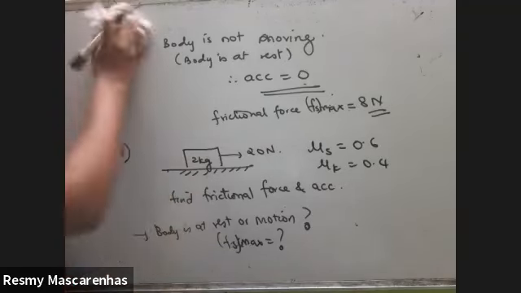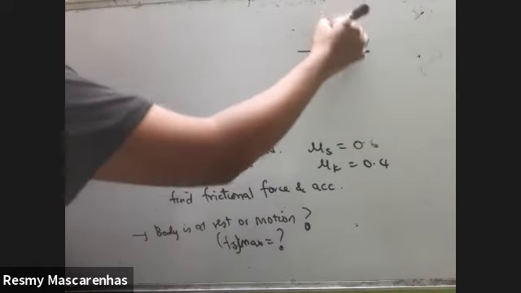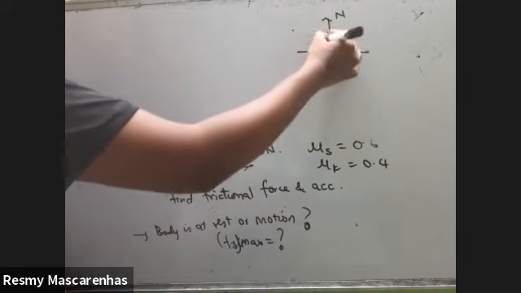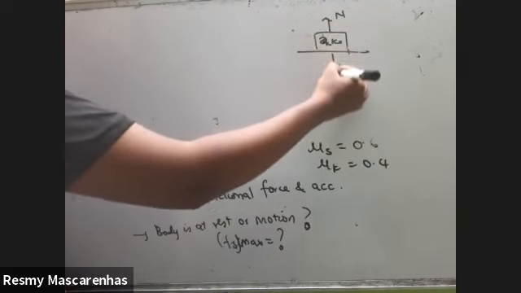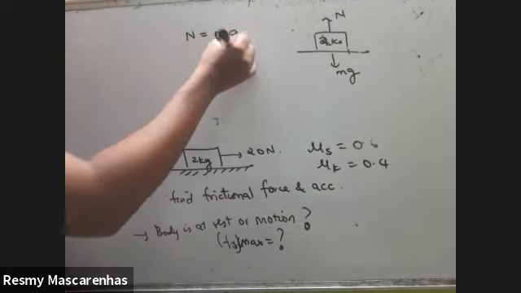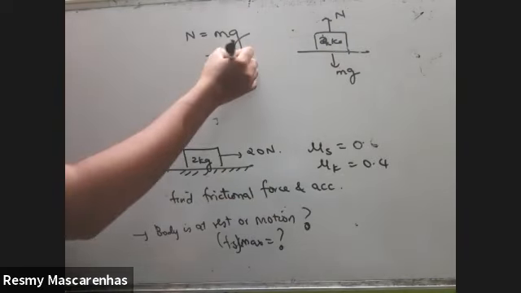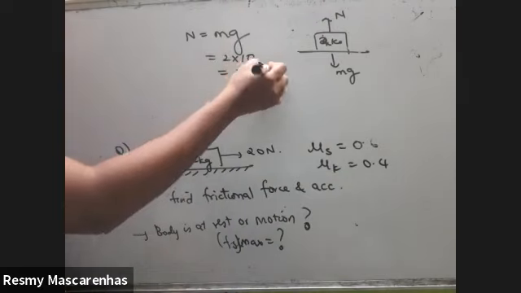N. So draw the diagram. Then 2 kg. This is mg. So we know that N is equal to mg. That is 2 into 10, which is 20 Newton.